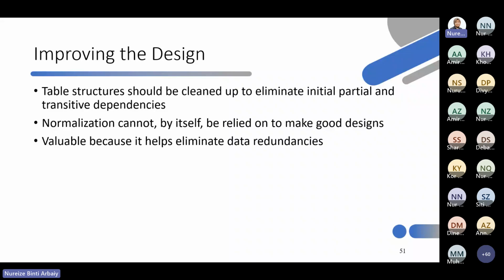So what you are doing now is actually reconstructing the database, and the main thing is to reduce redundancy. How to do that? By identifying the partial and transitive dependencies and recreating the tables, basically based on what they provide.